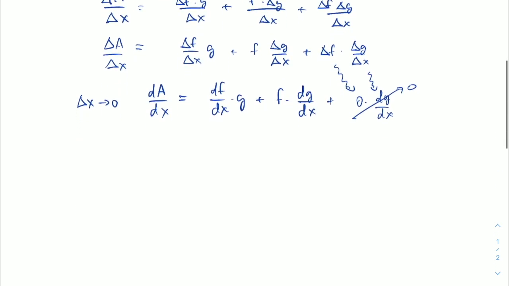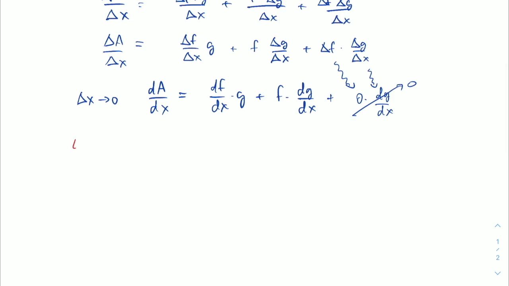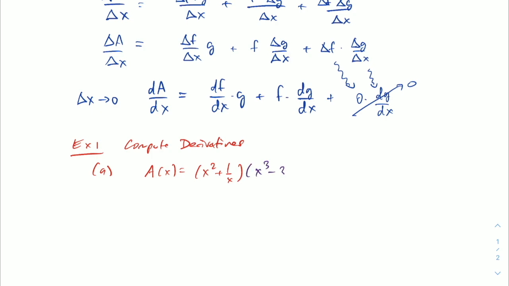Okay, so let's do a couple examples. Let's say we have a of x equals x squared plus 1 over x times x cubed minus 3x plus 15.